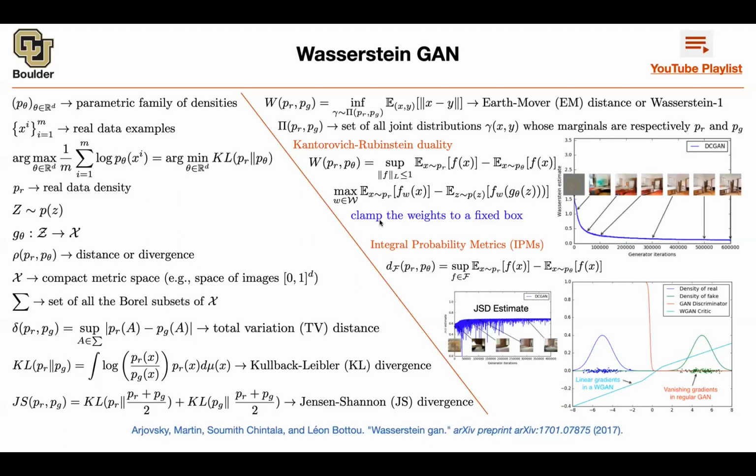And there is only a catch here. You need to put some structure on your neural network to be Lipschitz continuous with some constant, the constant being 1. And there is an ad hoc method in the paper, which is to clamp the weights. If any weight of your neural network during training is going to escape a box, clamp it, force it to be inside the box.